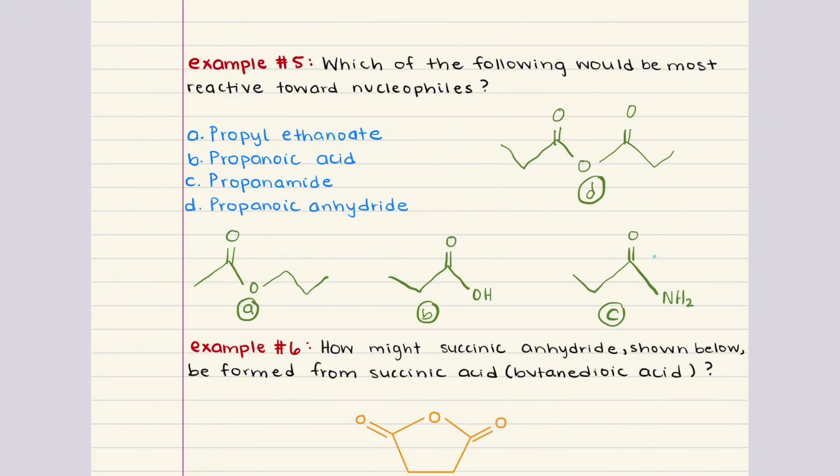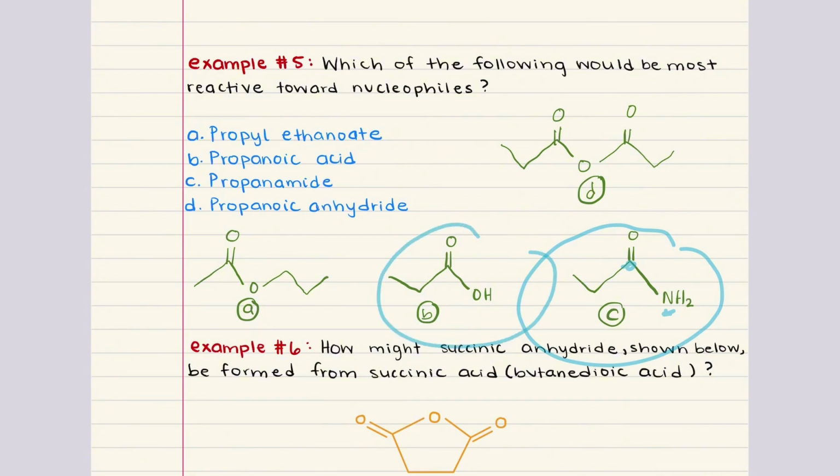Amides are going to be the least reactive. The nitrogen donates electron density into the carbonyl through resonance, and that makes the carbon less electrophilic and harder to attack. In addition, the leaving group is also poor.